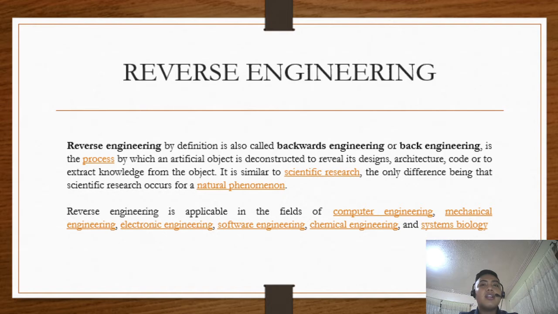So if you're familiar with scientific research, it's quite similar. But the only difference is that scientific research occurs for a natural phenomenon. Now, reverse engineering is applicable in the fields of computer engineering, mechanical engineering, electronic engineering, software engineering, chemical engineering, and systems biology.